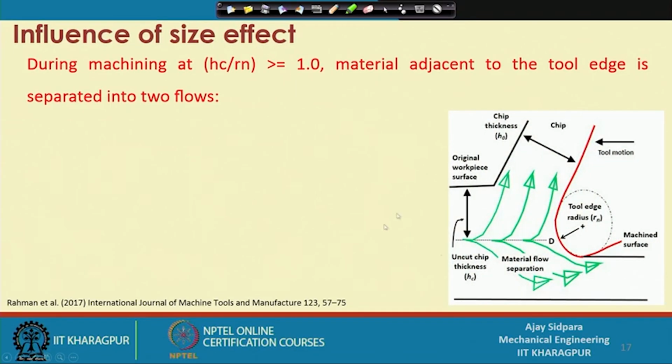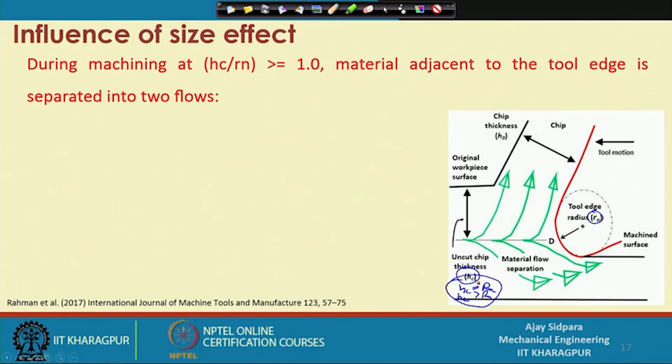This particular diagram tells us many things. When you do machining at hc by Rn, this is your hc and this is your Rn, so hc is equal to Rn or a little bit smaller than Rn.